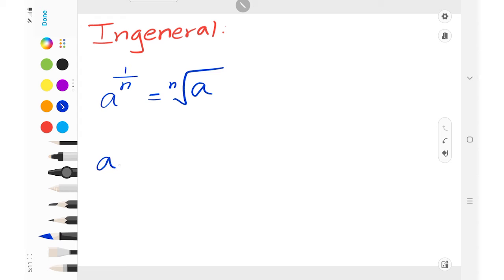And if we have m over n, then it will be the nth root, whatever the value of n, all to the power of m. This is the general form of the two examples I did before.